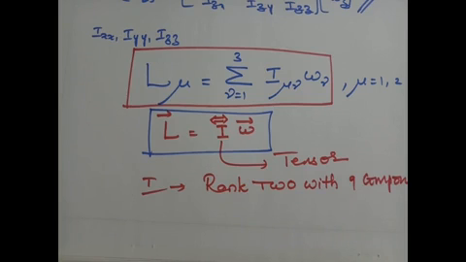A tensor of rank 2 contains 9 components, and that is the inertia tensor. Let us see the properties of the inertia tensor one by one.